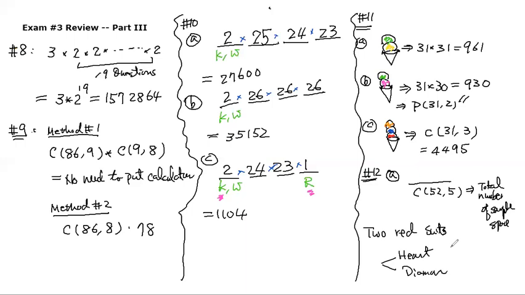Both of these suits are red. So in total I have 26 red cards, and I need to take 5, so it's C(26, 5). You can put it into a calculator to get the probability. I will leave that for you to do. It's pretty easy, just put it into a calculator and calculate.